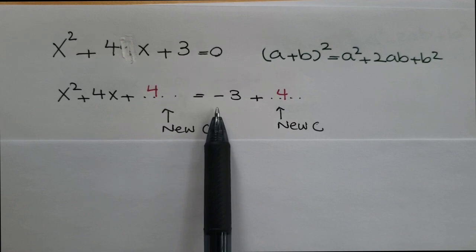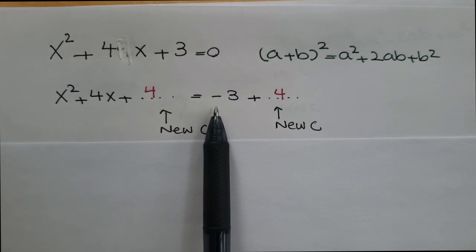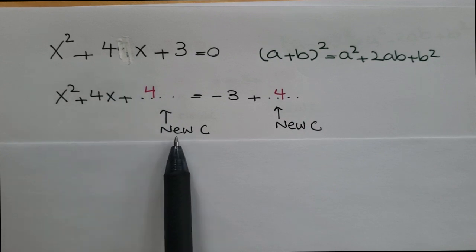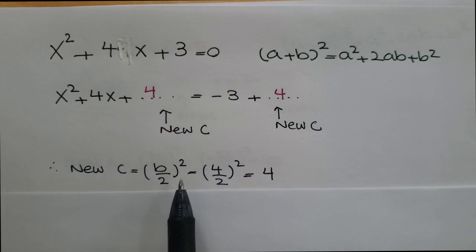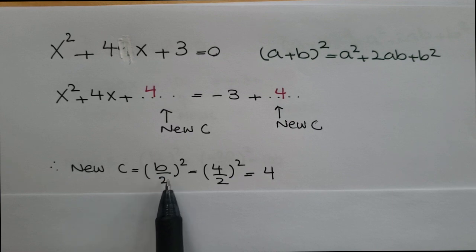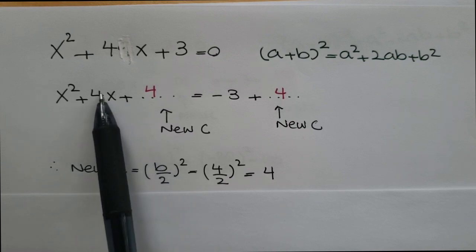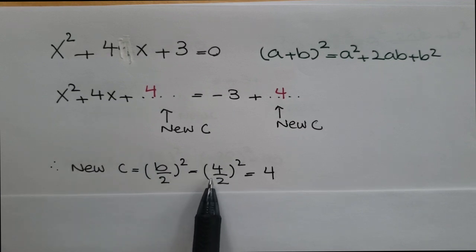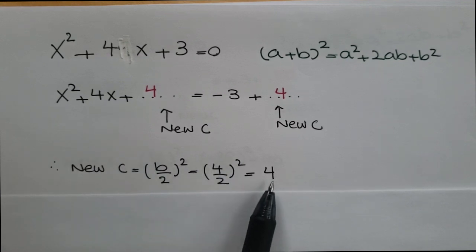So the sign is flipped to -3, and then we have to find the new c value. In order to find the new c value, remember the new c value is (b over 2) squared. The b is the coefficient of x, so b over 2, to the power 2, where the b value here is 4. So (4 over 2) to the power 2 would be 4.